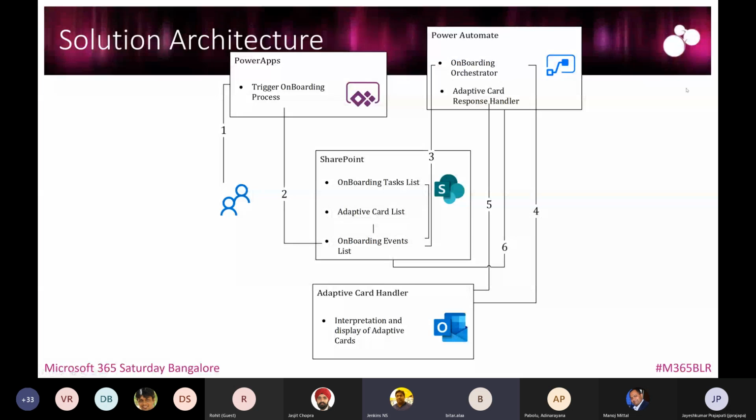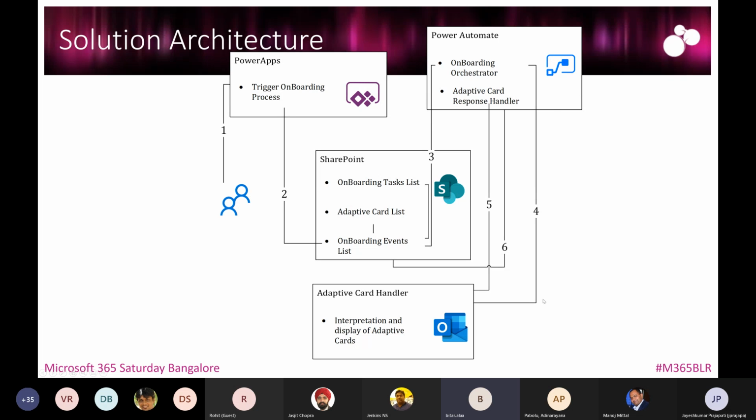That's okay, don't worry. Okay, so this is my first Power Automate workflow that is triggered whenever I update my onboarding event list. The onboarding event orchestrator will read the different information from this onboarding event SharePoint list, and then get the corresponding adaptive card for this specific task.